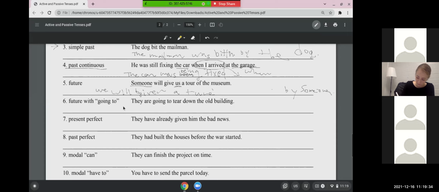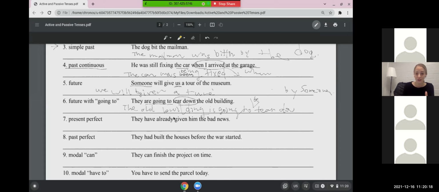The old building is going to be... We need the be verb, right?